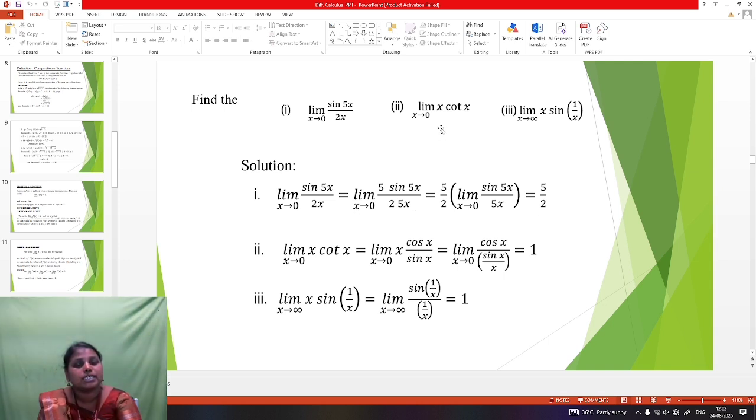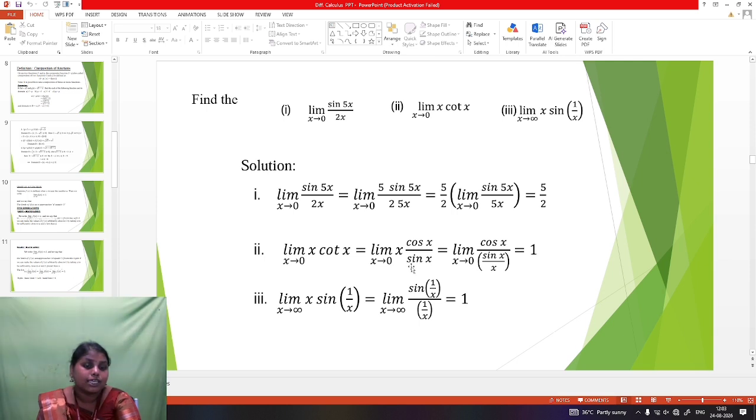Second one: limit as x tends to 0 of x cot x. Cot x is replaced by cos by sin. So the limit as x tends to 0 of x into cos x by sin x, which is cos x divided by sin x by x, putting x in the denominator.